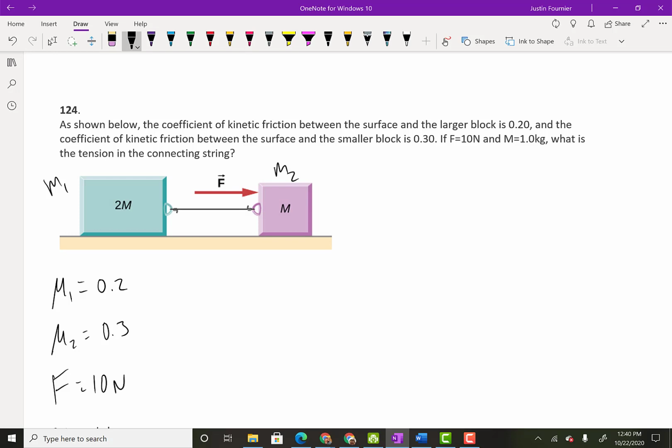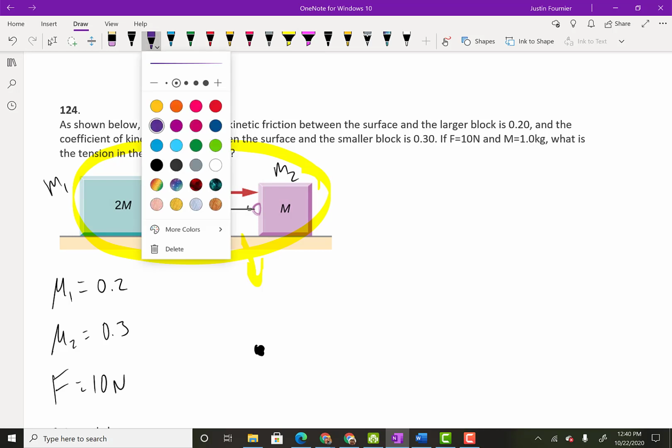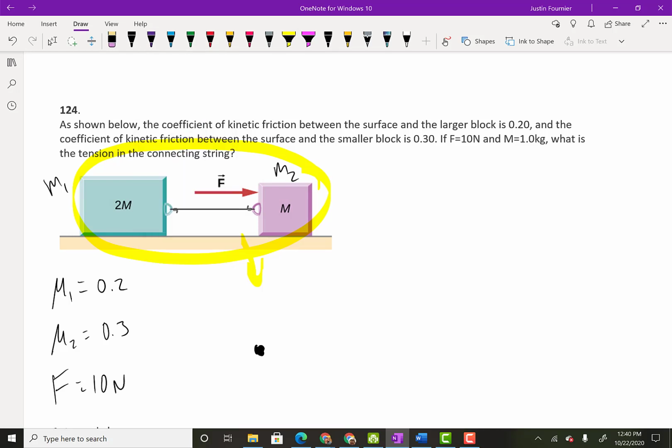So here we go. I'm going to call all of this my system, like this. So everything is the system. And I want to be careful here. So the force is acting here.